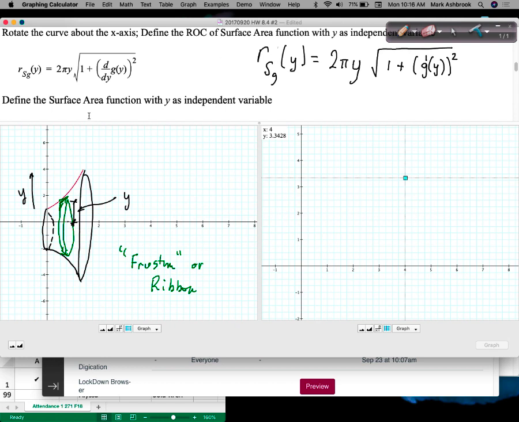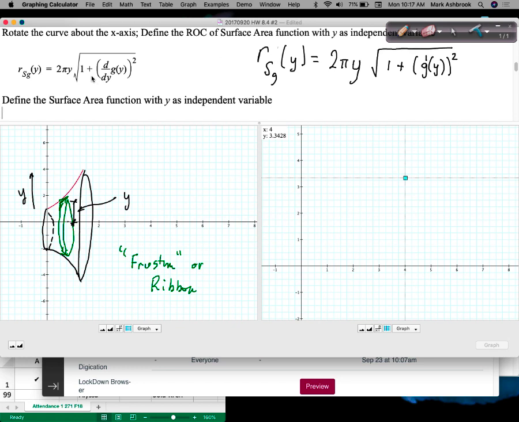All right, so to review, this is a good way to think of it. What sweeps out surface area? The circumference sweeps out surface area, right? The circumference of this ribbon. Okay, but not according to x horizontally in each interval, but according to arc length. That's why we need the square root part. So we're sweeping out circumference, but according to arc length, which is tangent to the curve, right?